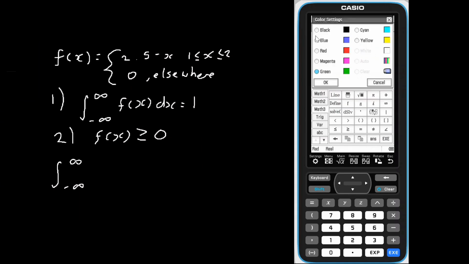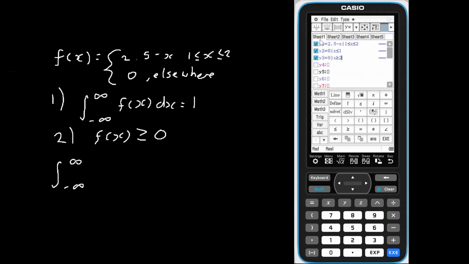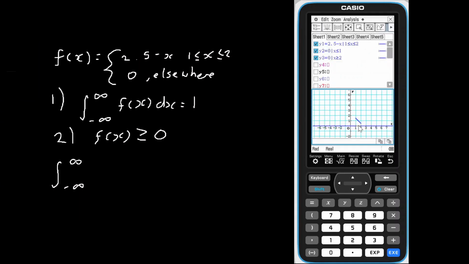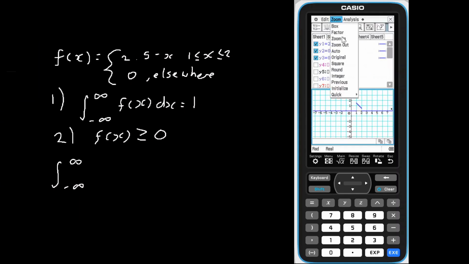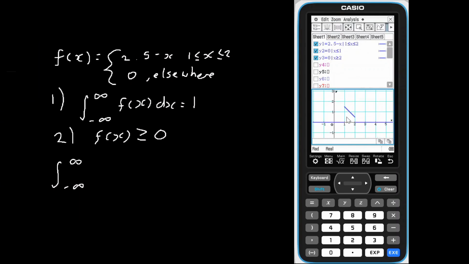And then I'm just making the colors look nice for you. And so we get this looking function here. We can see that it doesn't dip below 0, so that's important. And then this area is what we're trying to figure out: does the area under the curve equal 1?